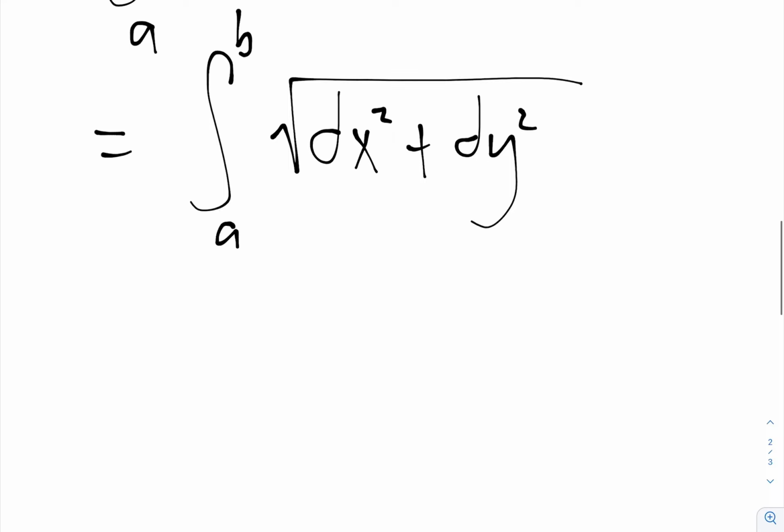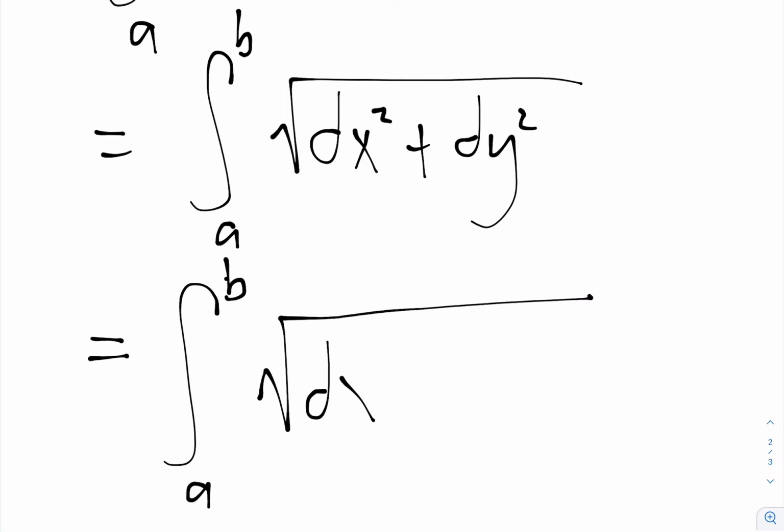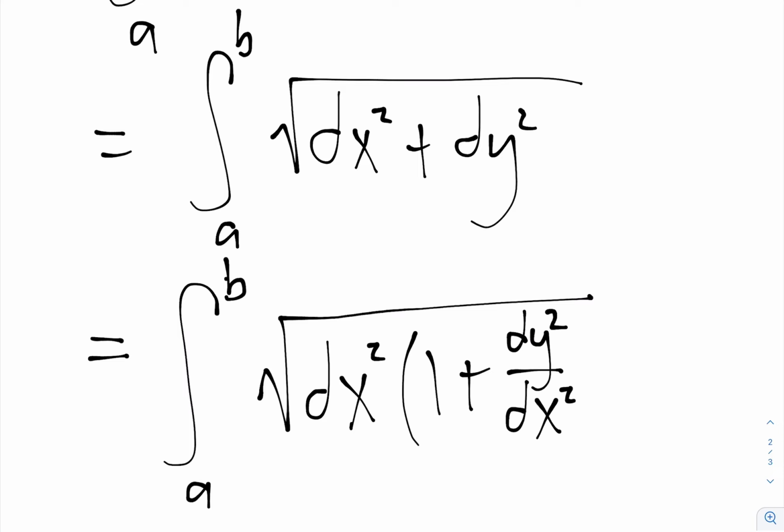Okay, and what we can do is factor out that dx. So instead of writing what we just did, we can say the integral from a to b of, we can factor out dx squared, and what we're going to have left is 1, right? Because dx squared times 1 is just dx squared, plus dy squared over dx squared.